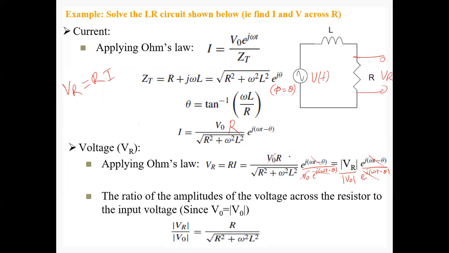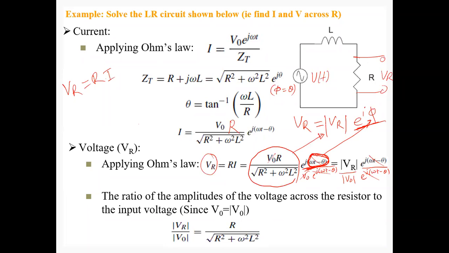Now, because I'm talking about VR, let's write VR in terms of the absolute value of VR, then e to the something, right? Remember, I can write everything in this form, e to the j phi. My phi here is this guy. You see this circle, this is my phi. This guy happens to be the absolute value of VR.